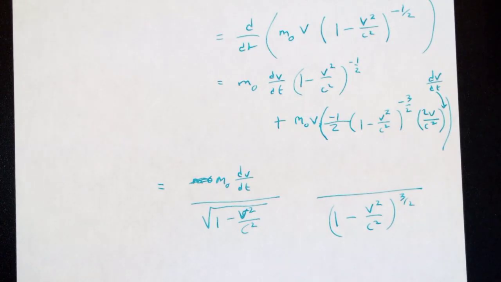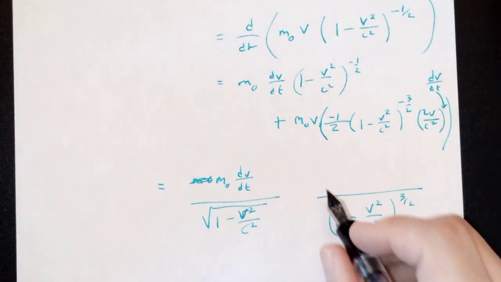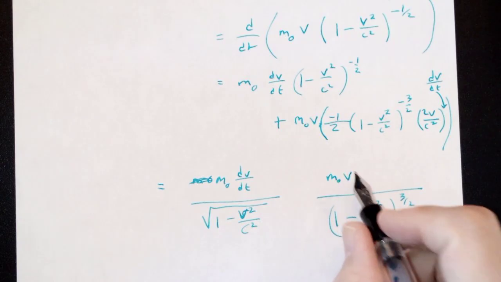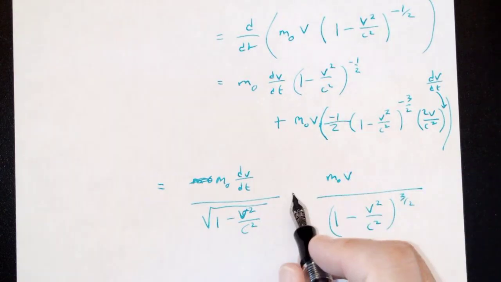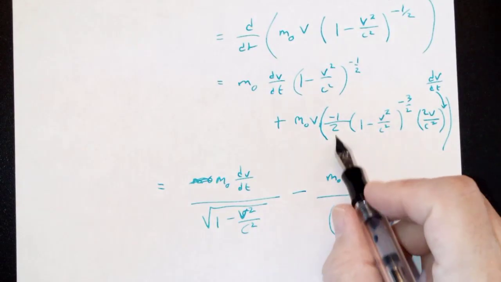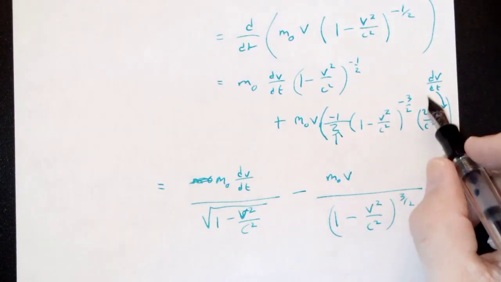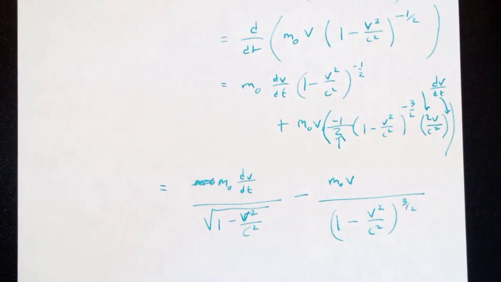What's left behind? Another m0 and a v. But there's a negative 1/2 here. Let me put the negative there. Wait, there's a 1/2 here. There's a 2 here. Those will cancel.